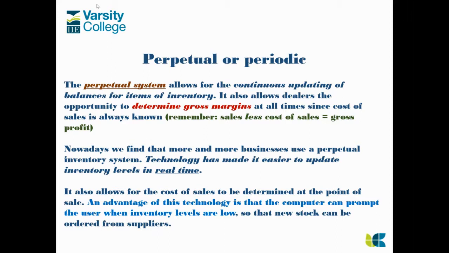So this is nothing new to you guys. I'm sure it's more of a recap than anything, but I know in Counting 1 you actually discussed inventory systems in unit six. As you know, we have the perpetual and the periodic inventory system.